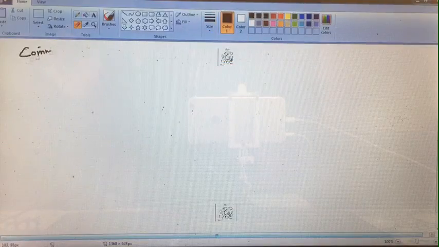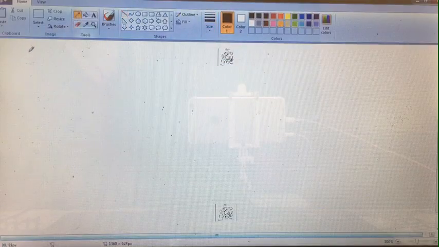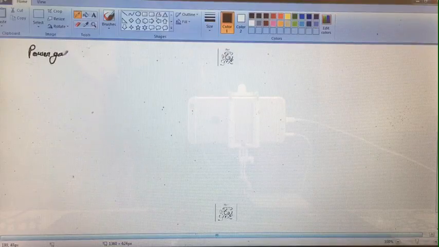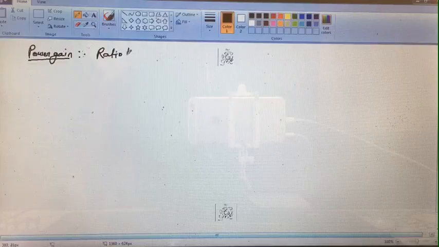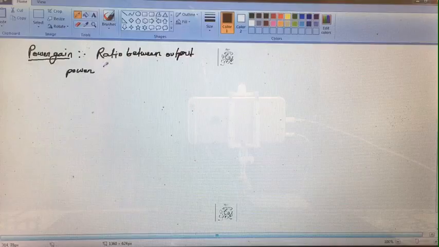And power gain is the ratio between output power to the input power.